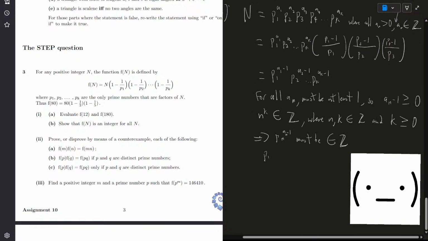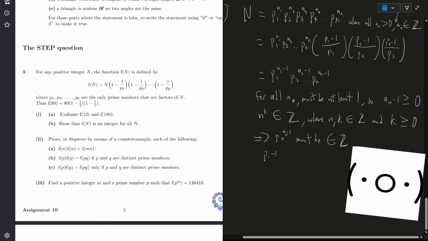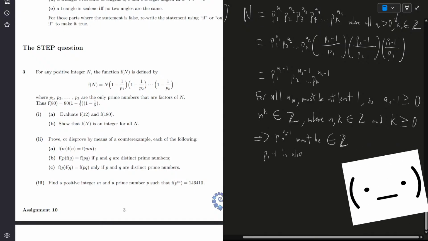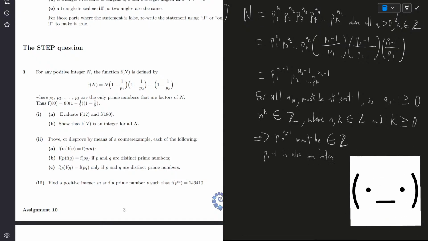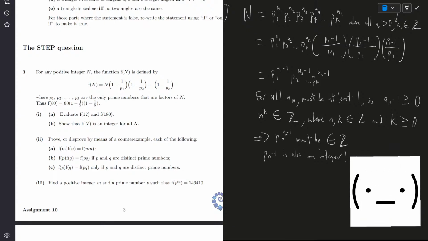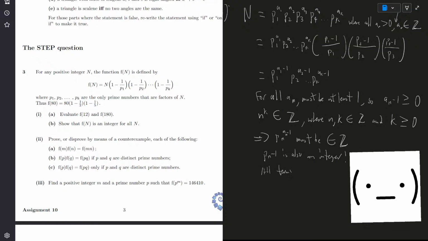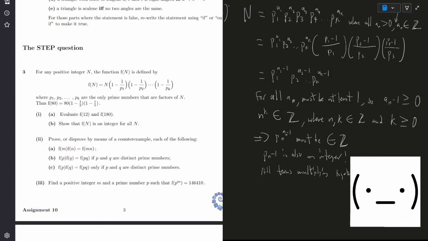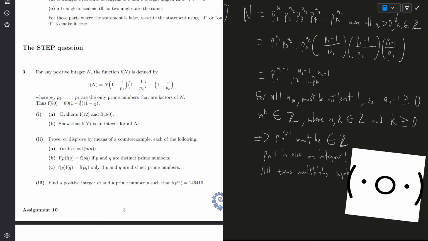And p1 minus 1 is also an integer. All terms multiplying together are integers. We did it!